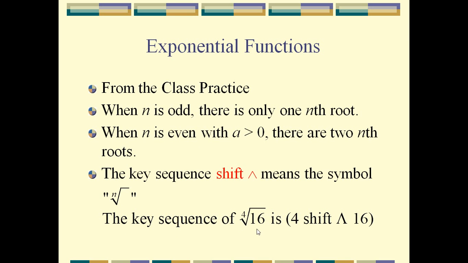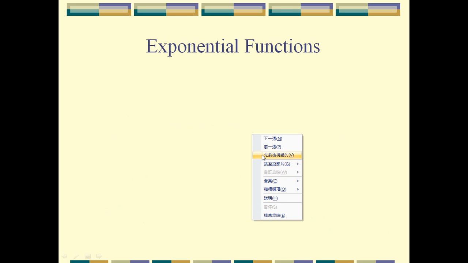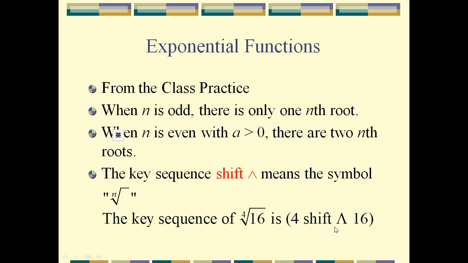The key sequence of the fourth root of 16 is you press 4 first, and then press the shift key, and then 16, and press execute, and you will get the answer. Because the calculator can give you only one answer, for the other ones you may take the negative sign according to the even power of the index.